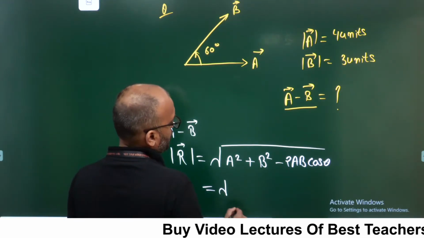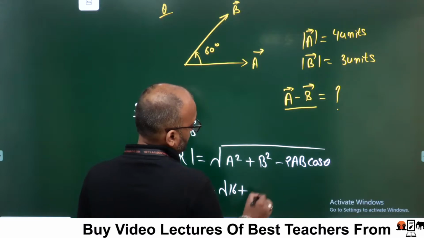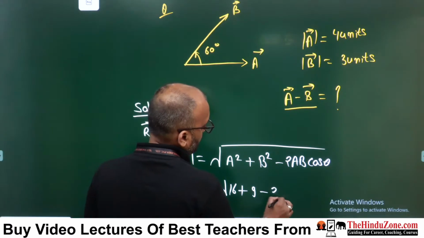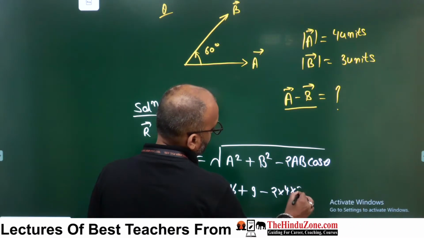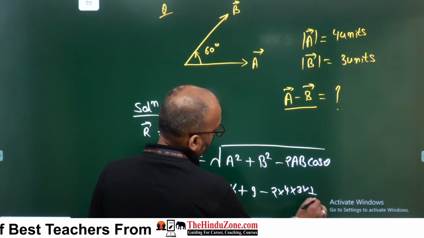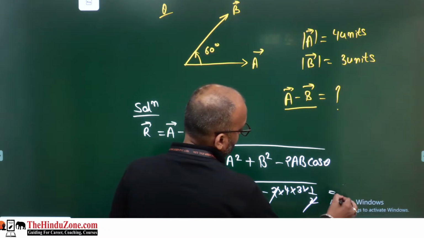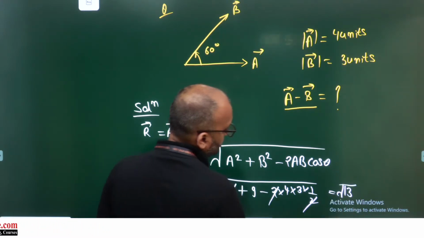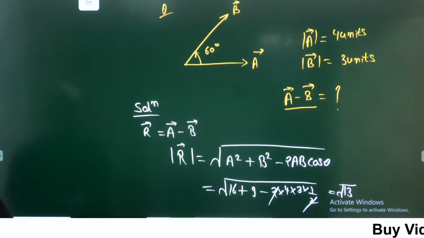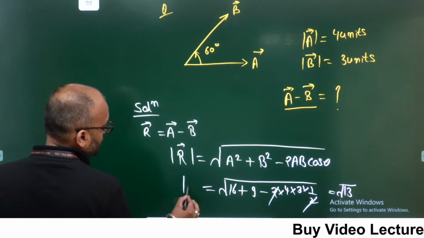So what is A? A is 4, 16 plus 9 minus 2 into 4 into 3 into 1 upon 2. So 25 minus 12, that is under root 13. That's the magnitude.